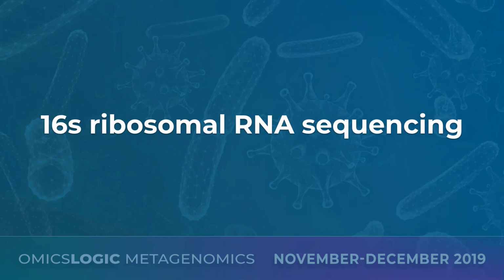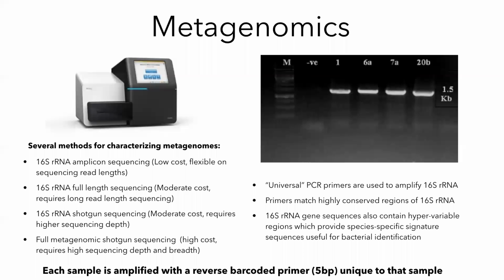So 16S ribosomal RNA sequencing. 16S ribosomal sequencing is also called amplicon sequencing. It is amplicon sequencing because it amplifies a region of ribosomal RNA. And so when we talk about Illumina sequencing, we're really talking about several different options that are available.